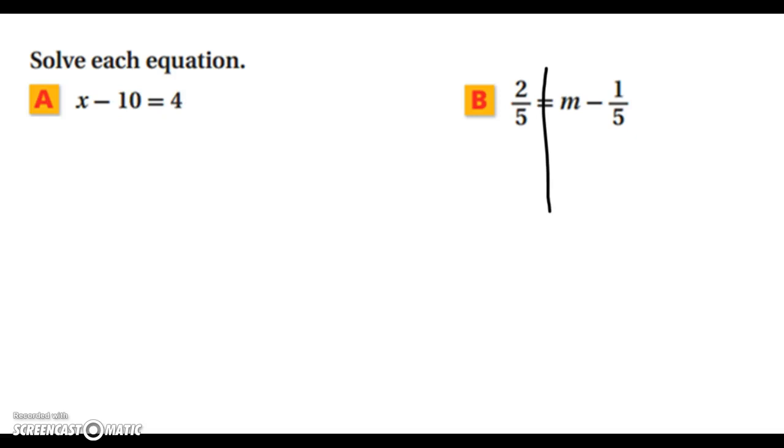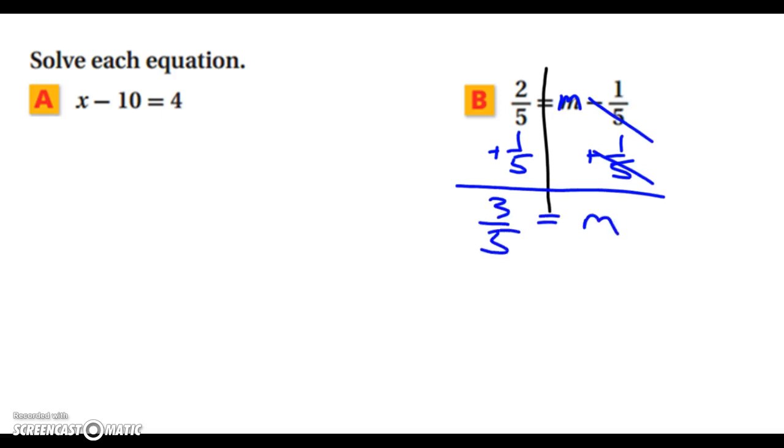With b, kind of the same concept, except I look at what's happening to m. I'm subtracting 1/5, so I'm going to do the opposite of that and add 1/5 to both sides. These cancel, and then I've got 2/5 plus 1/5. We get 3/5. Okay? So pretty simple when we're looking at addition and subtraction.